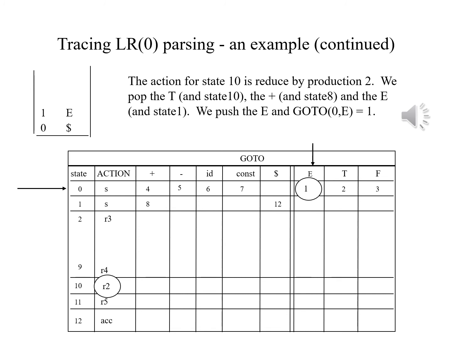E derives E plus T. So we will pop in turn T together with state 10, plus together with state 8, and E together with state 1. We will push in its place E along with the goto of state 0 and E, which is state 1.